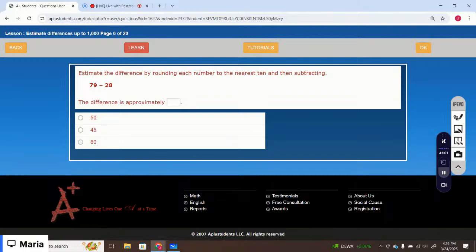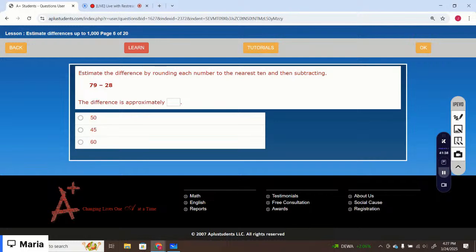Estimate the difference by rounding each number to the nearest 10 and then subtracting. 79 minus 28. So which is the correct option? 79 is rounded to 80, and 28 is rounded to 30.